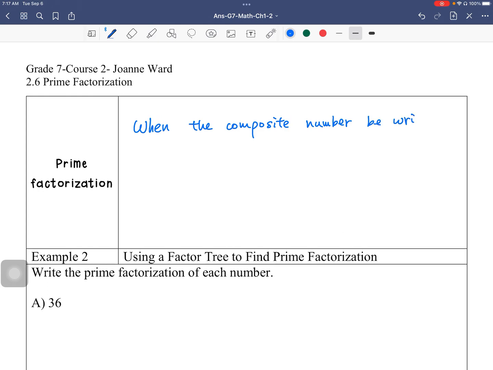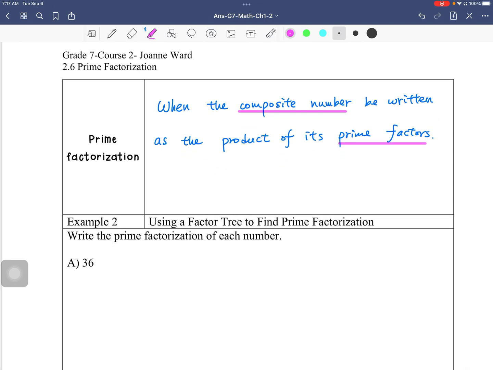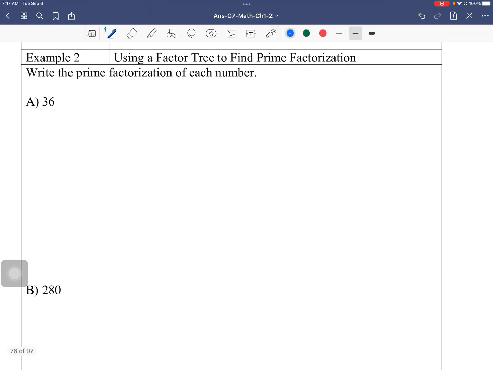Okay, so we want to learn how to write it as a factor tree.